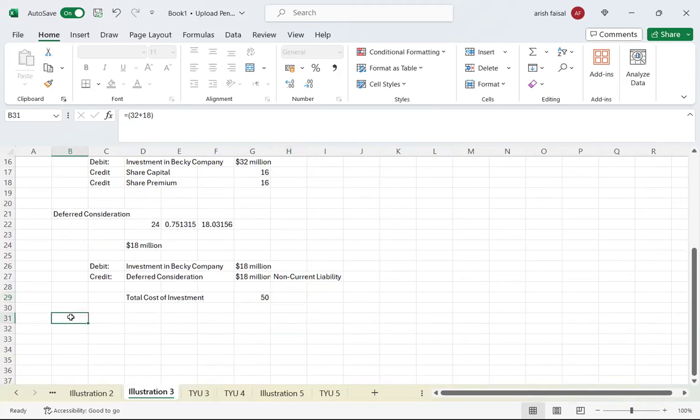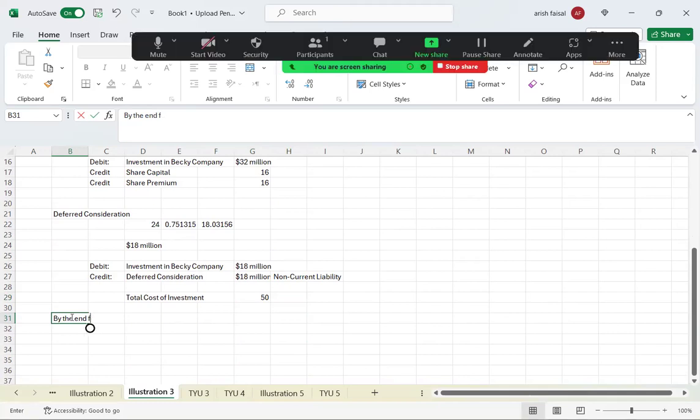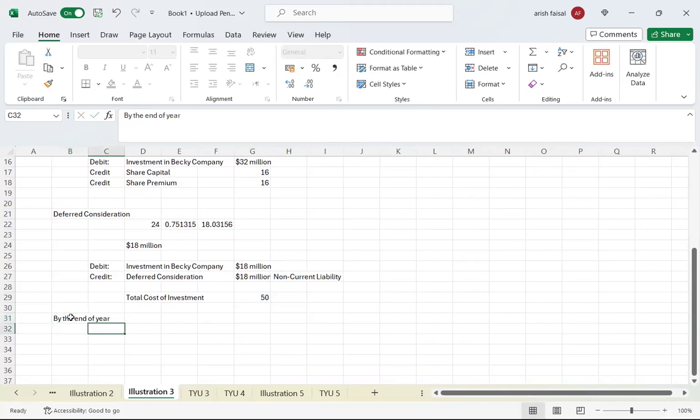So by the end of the year, what you have to simply do is that your liability is 18 million, and on that there is an interest rate of 10 percent, so that's 0.1. So by the end of the first year, you have to increase the liability by 1.8 million, which is considered to be your unwinding of discount. So that's considered to be your finance cost.